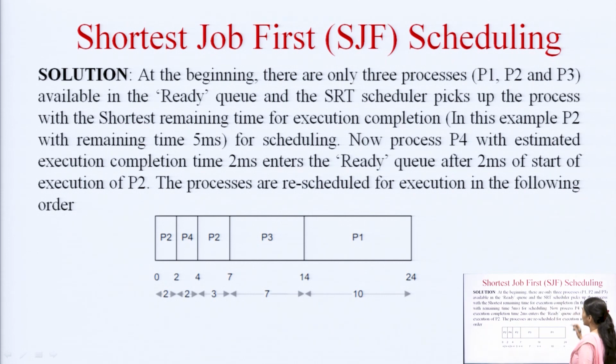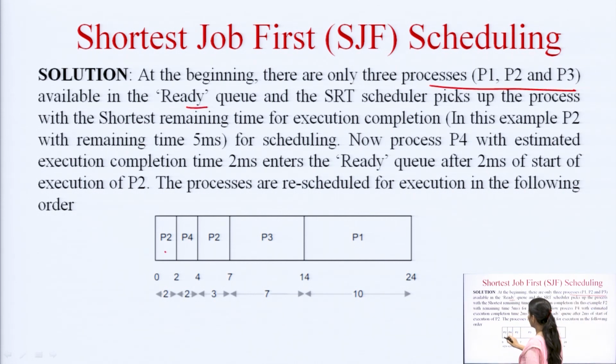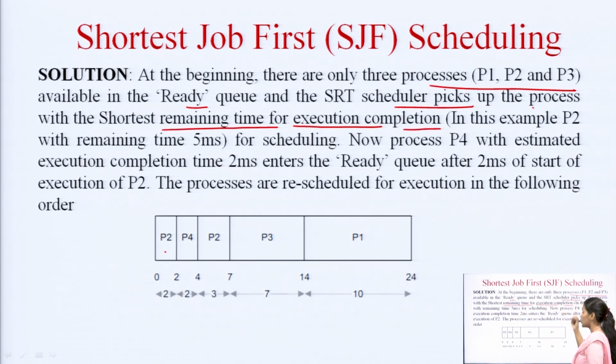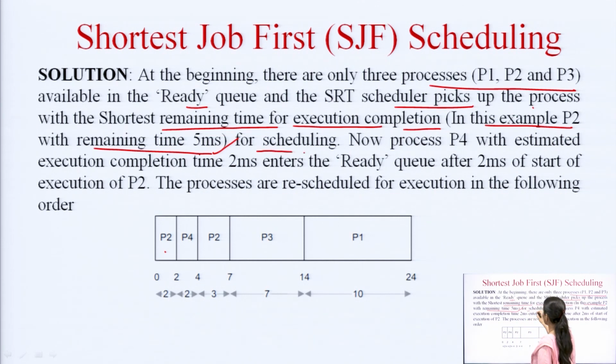So, at the beginning there are only 3 processes, that is P1, P2 and P3 available in the ready queue. Now, the SRT scheduler picks up the process with the shortest remaining time for execution. So, this is the specialty of this scheduling algorithm. So, in this example P2 with remaining time 5 milliseconds is scheduled.